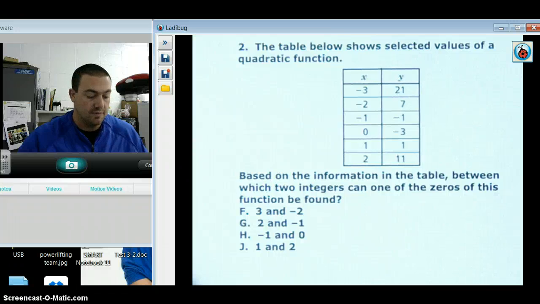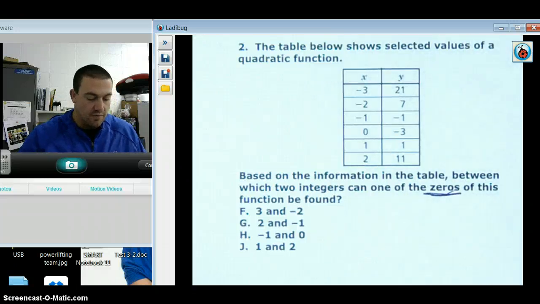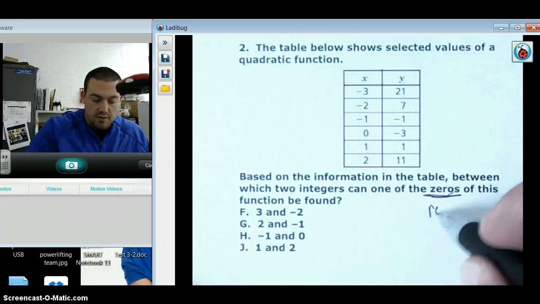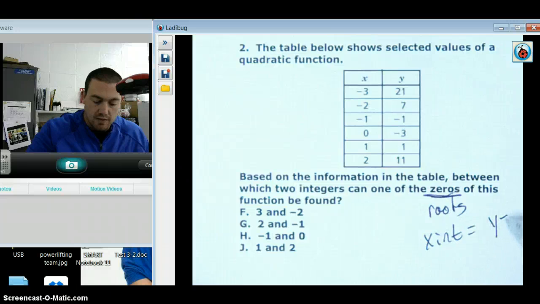That's what this question is testing us on. It says the table below shows selected values of a quadratic function. Based on the information in the table, between which two integers can one of the zeros of this function be found? Remember, zeros are roots, zeros are x-intercepts. And if it's an x-intercept, then that's where y equals 0.